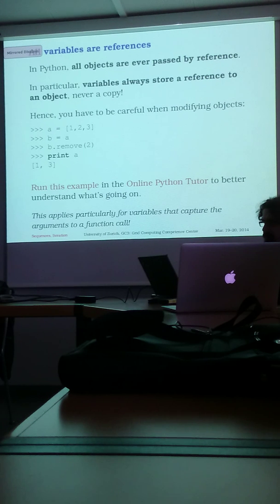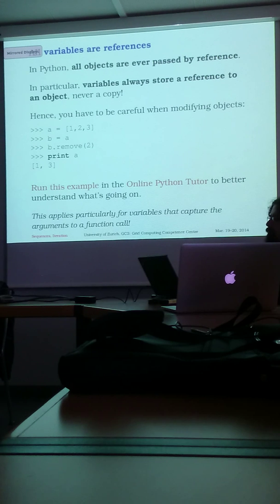In C, for instance, you have pointers, so you know that you are passing a pointer, so you know that this may change, but you also have the const. It's a bit, let's say, hidden in Python.